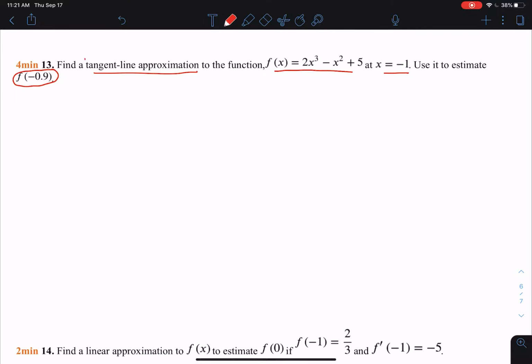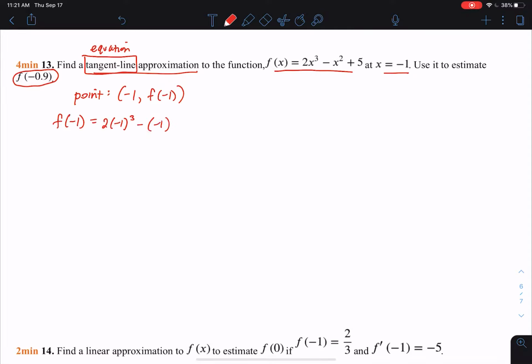So anytime you see tangent line approximation, you need to find the equation of the tangent line. We need two things, a point and a slope. Find the point yourself. The point, use the x value they gave you and plug it in to find the y value.